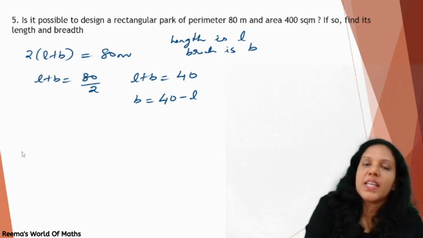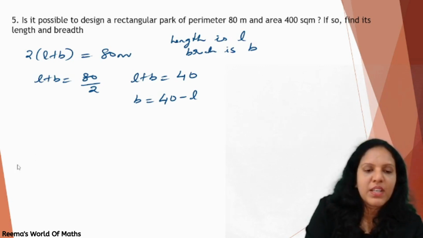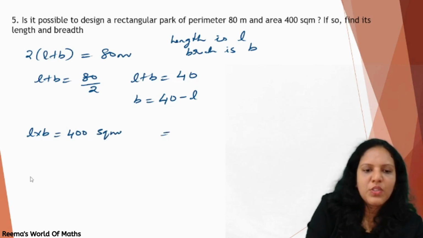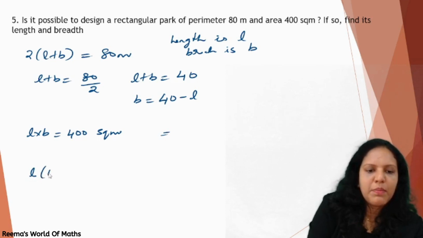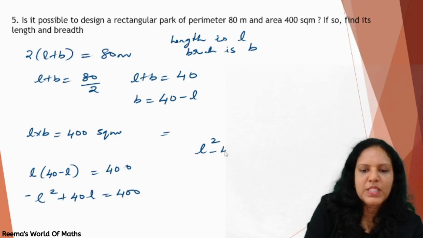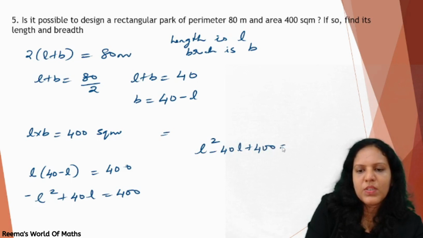Secondly, we are given the area is 400 square meters. Area of a rectangle is L into B. So L into B equals 400 square meters, which is L into (40 minus L) equals 400, which is 40L minus L squared equals 400, which is L squared minus 40L plus 400 equals to 0.